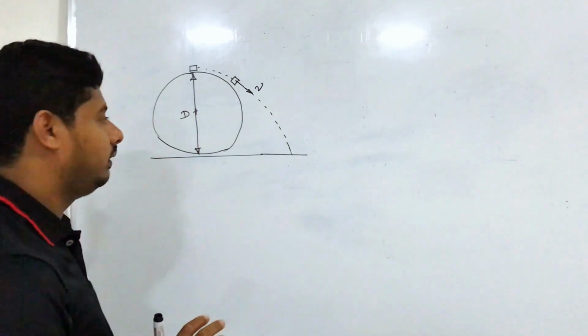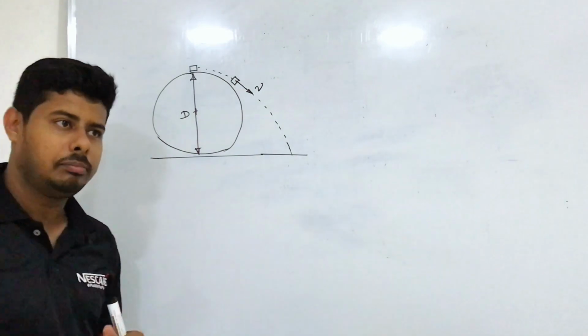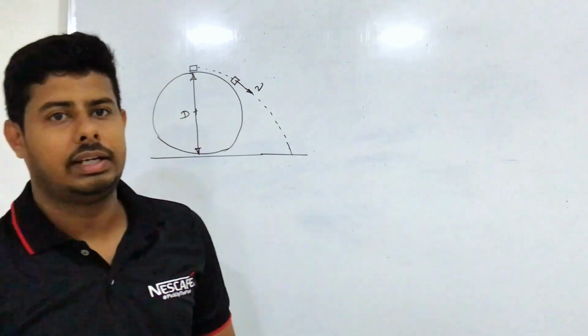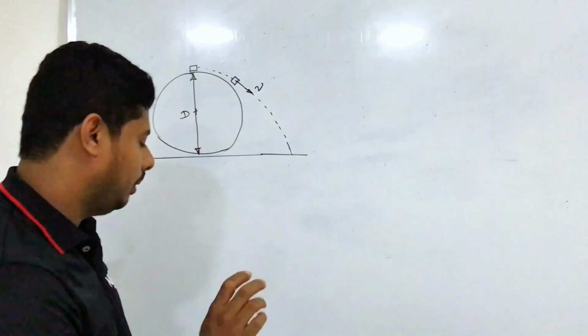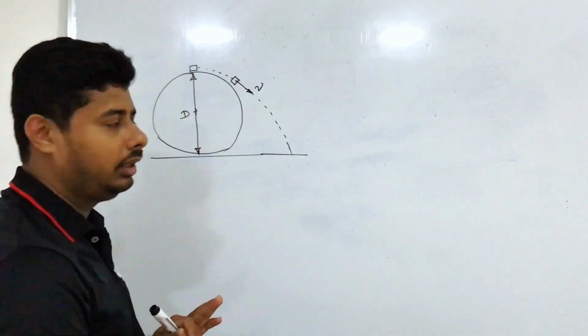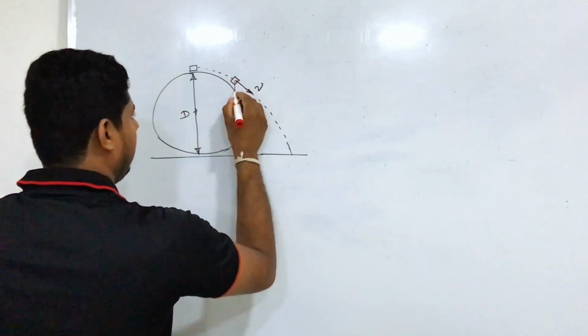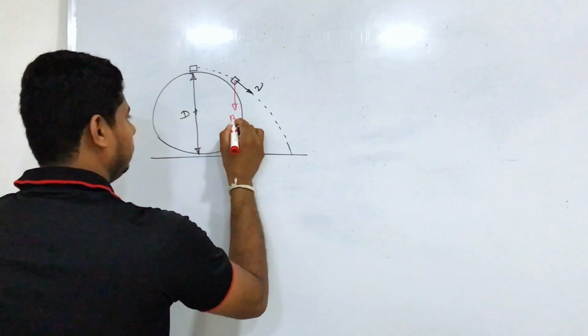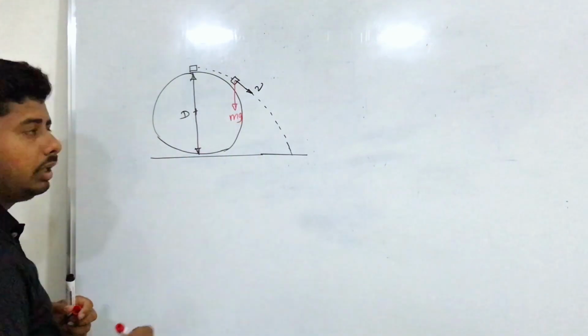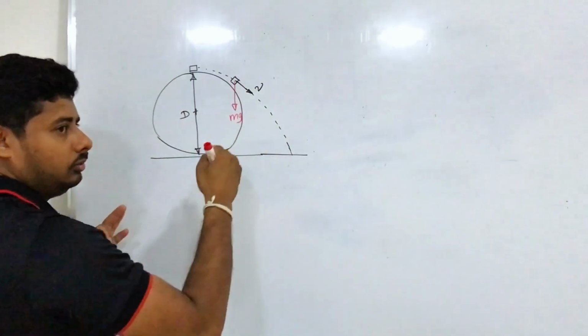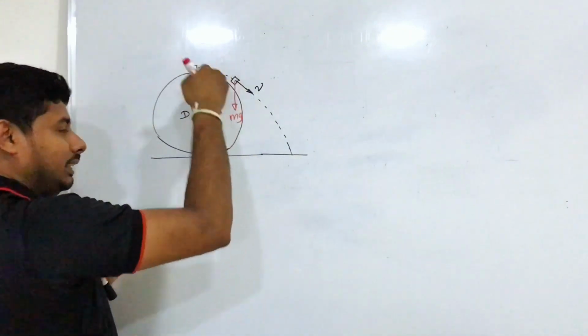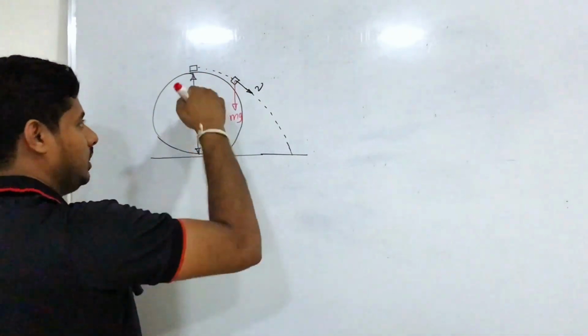So that's the first step. We have to apply F equals ma. To apply F equals ma, you need to know the forces acting on this bead. So first we will mark the forces acting on this bead. Weight is there, that is compulsory, mg is there, and there's a contact. We will assume it is still in contact with the surface of the sphere.